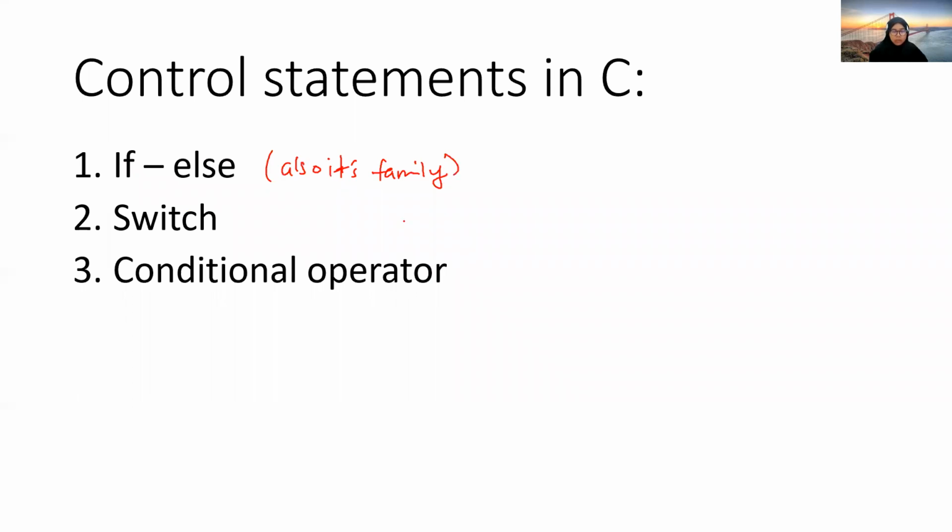It means that it can have just a single if, and it can also have a bunch of if else, which is called nested if else. There is also another control statement, which is switch. We will talk about that after this, and also the conditional operator.